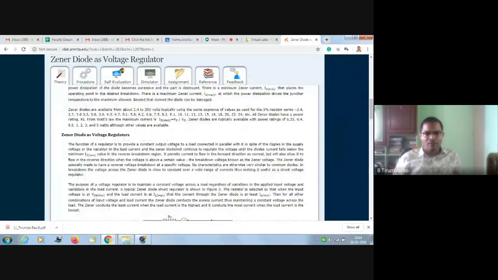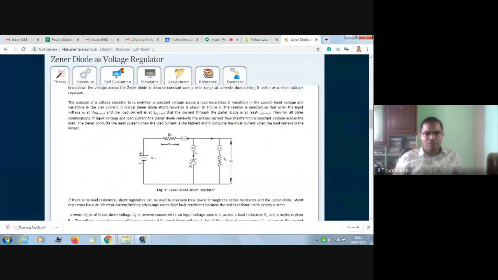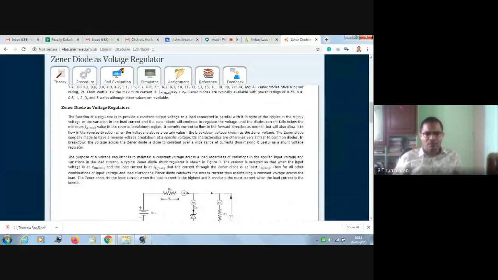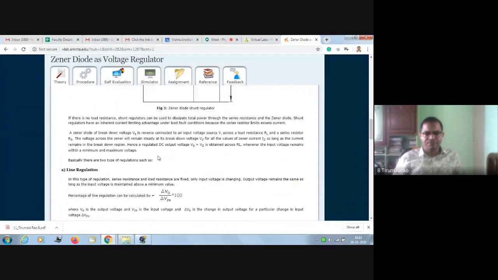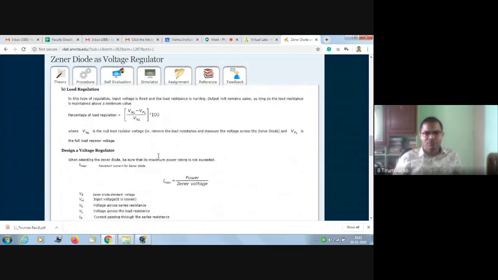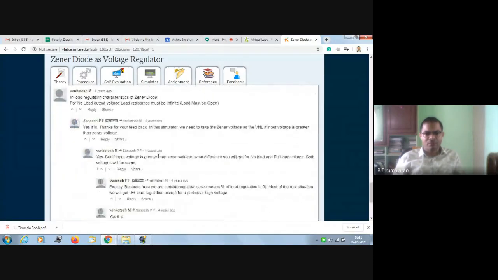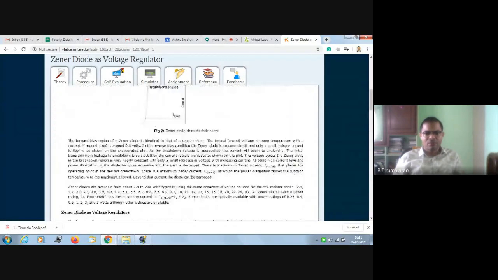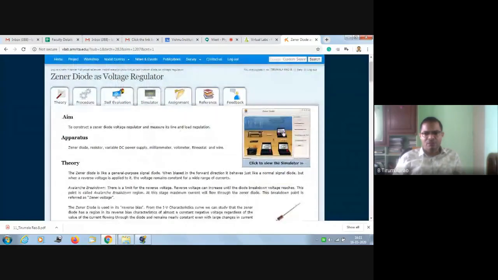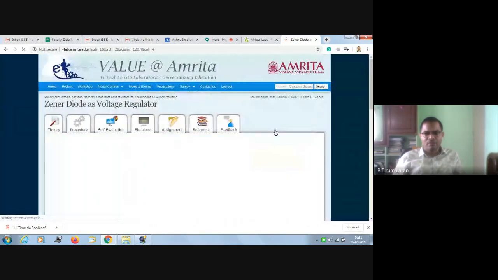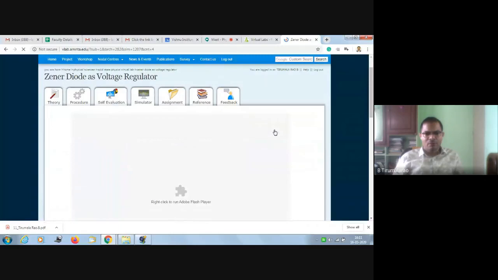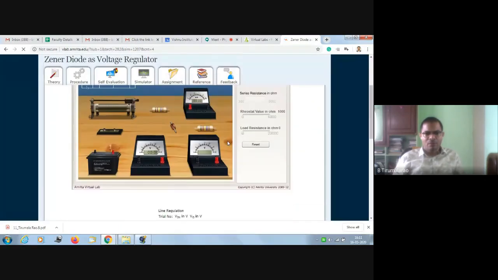This is the block diagram or the circuit diagram, showing how a Zener diode acts as a voltage regulator. These are all formulas. In that you see this diagram, how the Zener diode can be connected.